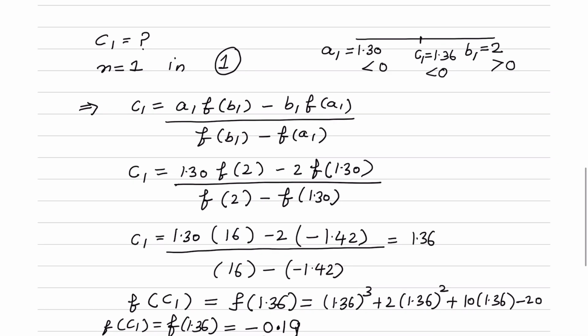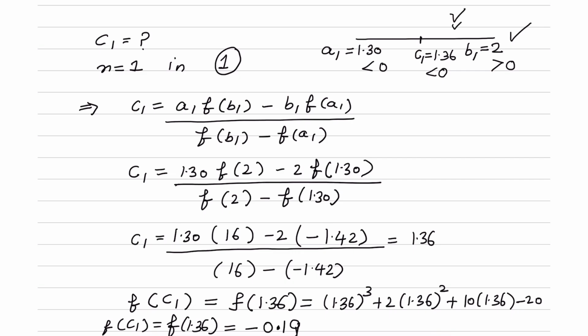Now look at this interval. We have to now pick the next half interval, which is the appropriate one. So the next interval is a1c1 or c1b1. The appropriate interval is the one where on both ends we have opposite signs of the functional values. We can see that the signs on a1 and c1 are same, but the signs on c1 b1 are opposite.